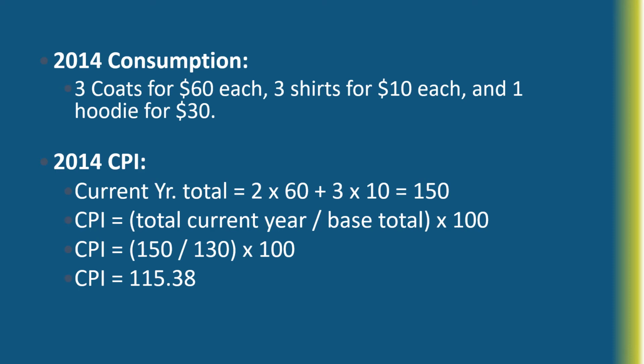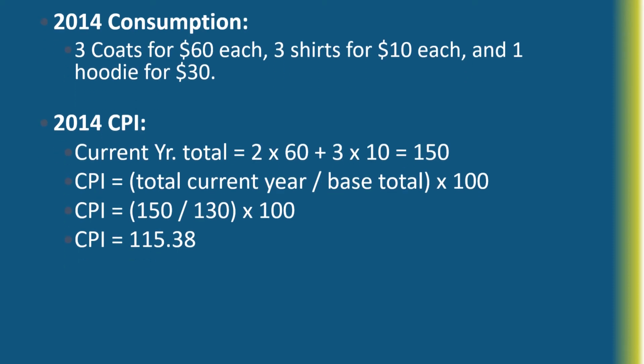This is telling us how expensive that same bundle of goods is in 2014 in comparison to 2010. In 2010, the CPI was just 100, and in 2014, it's 115.38. With all of this information, we can now compare GDPs across time and have them adjusted into real terms.